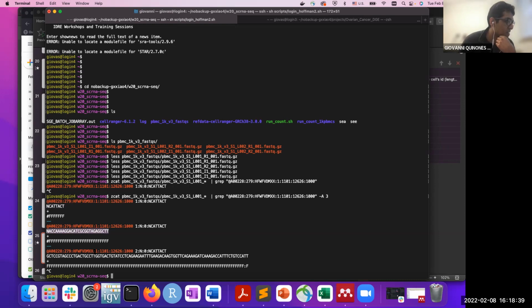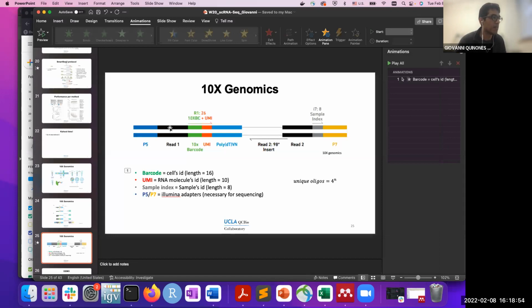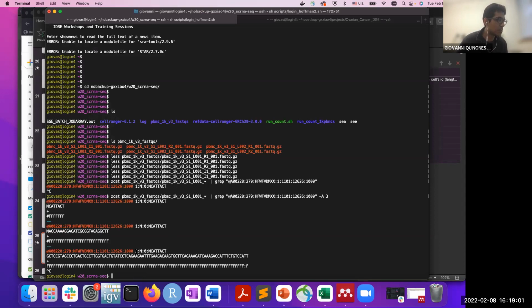And it was found in the R2 file, containing our 98 bases of the target RNA. Because they have the same read name, they refer to the same construct. That's how we can say this RNA molecule belongs to this particular cell. The name of the cell will just be the barcode, its own identifier.